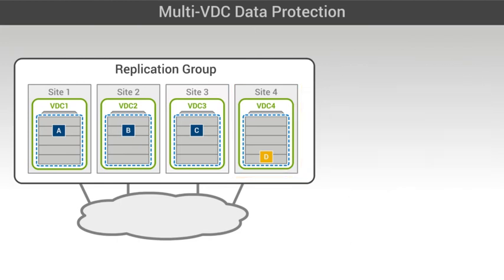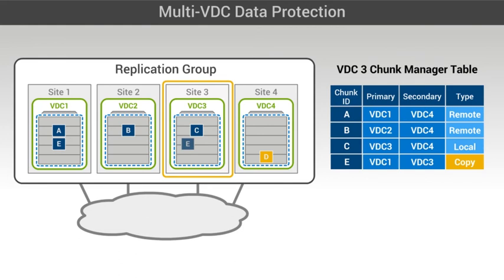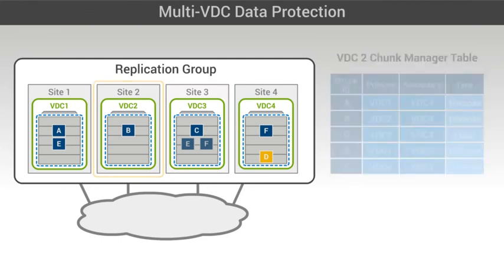Now chunk E is written to VDC1 and replicated to VDC3, and chunk F is written to VDC4 and also replicated to VDC3. The VDC3 chunk manager table shows that chunks E and F are of the type copy. However, VDC3 will not perform an XOR operation until it receives a chunk from VDC2.